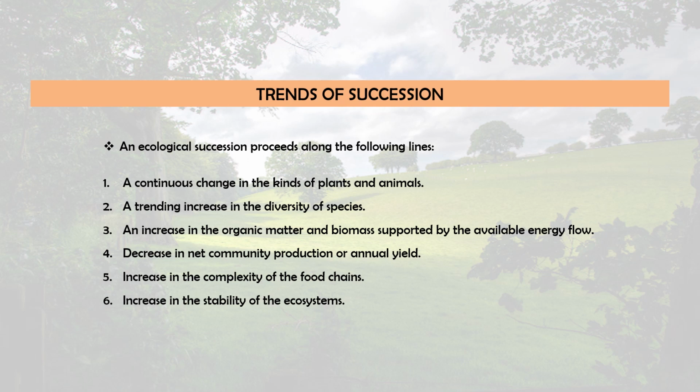There is a decrease in the net community production or annual yield, an increase in the complexity of food chains, and also an increase in the stability of the ecosystems as we move from primary to secondary succession.